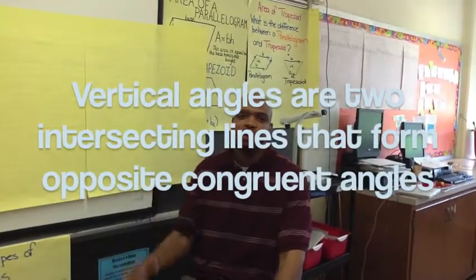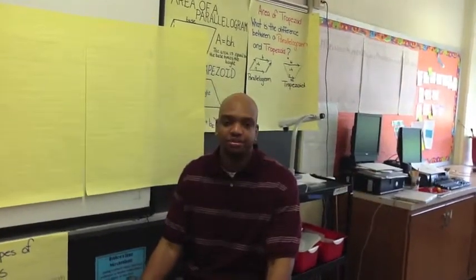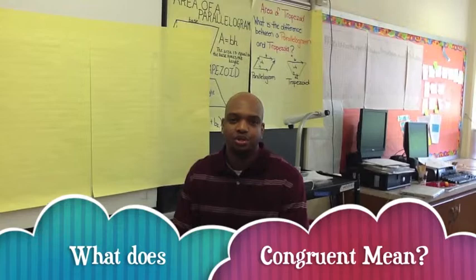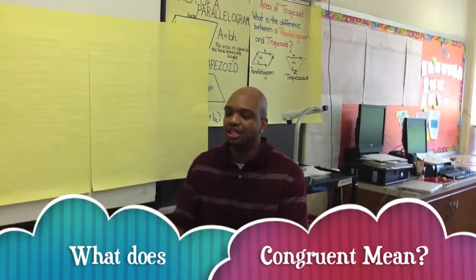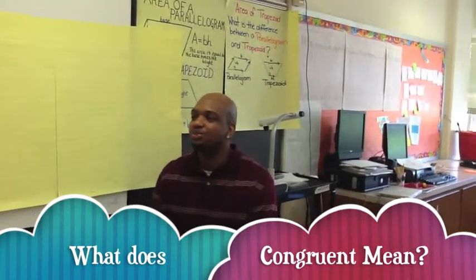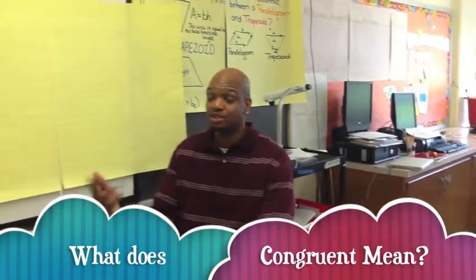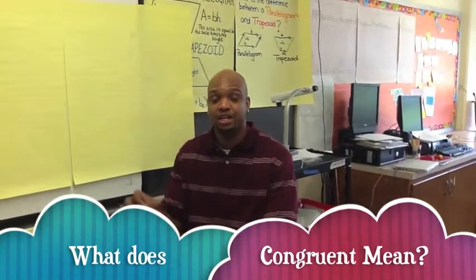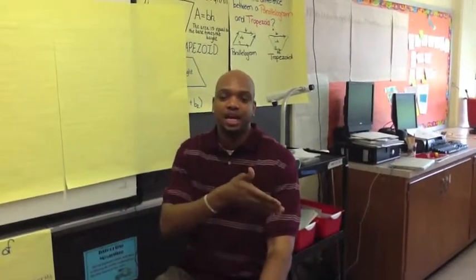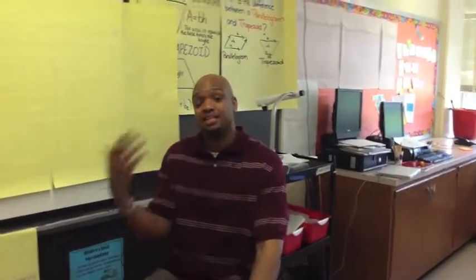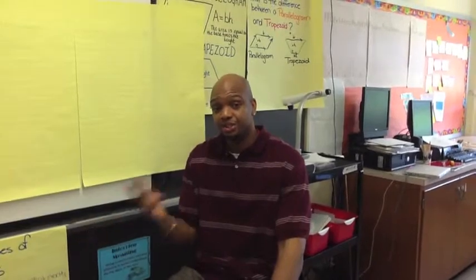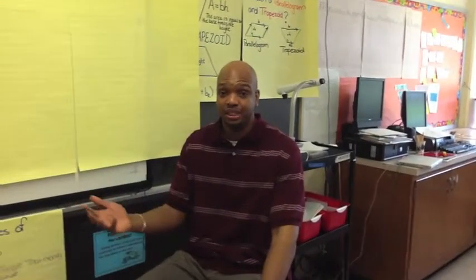Does anybody know what congruent is? Think about it for a second. What is congruent? Javante, do you know what congruent means? No. What does congruent mean? The same. Good. Congruent means the same. So angles that are the same. In other words, if one angle is 100 degrees, the second angle would be 100 degrees. So the angles are congruent.